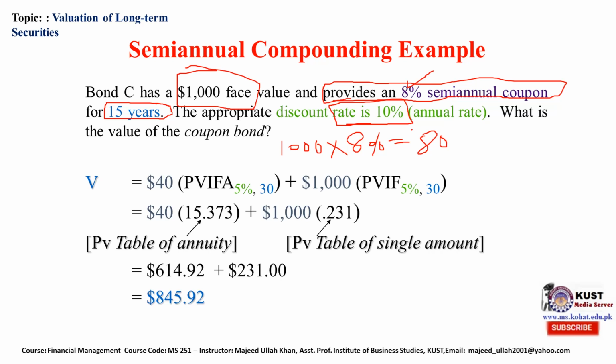So this $80 is not for 6 months, it is for 1 year. But since the coupon is paid semi-annually, we will divide it by 2. When we divide it by 2, we get $40.